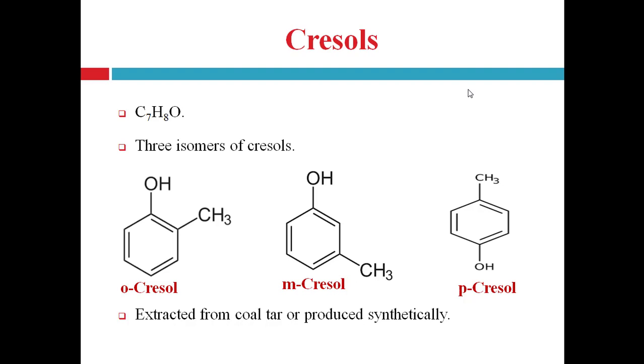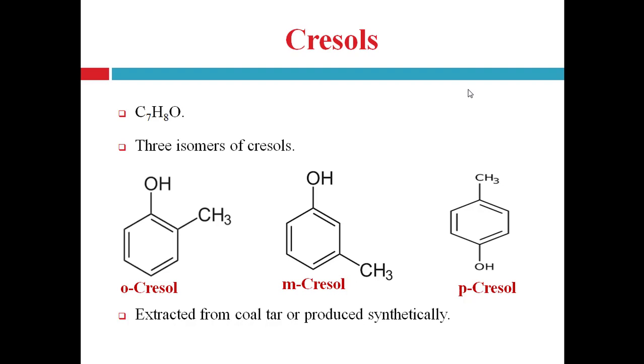Right? Now, in cresols the benzene ring has two groups, hydroxyl group and methyl group. So according to the relative position of these two groups, there are three isomers of cresols, right? Orthocresol, metacresol and paracresol, right?